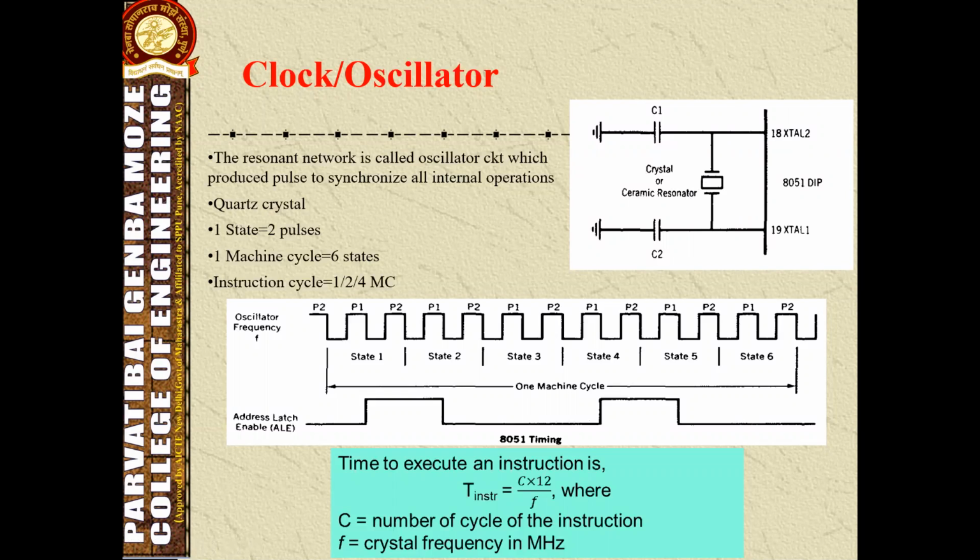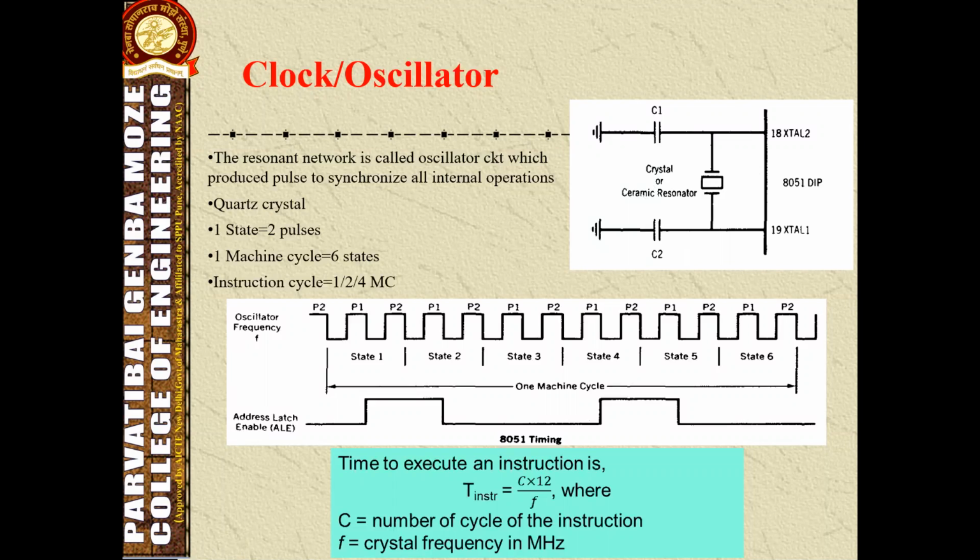Normally a quartz crystal is used. And two capacitors are used for stabilizing the operation of this oscillator. The capacitor size is 30 picofarad, used in order to stabilize the network.